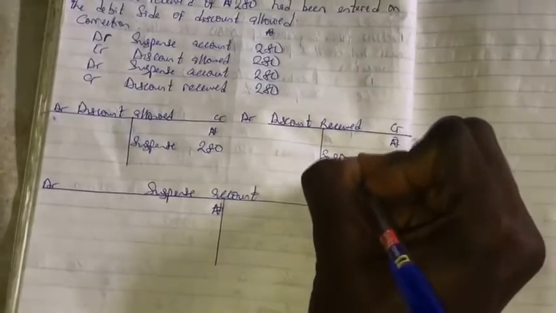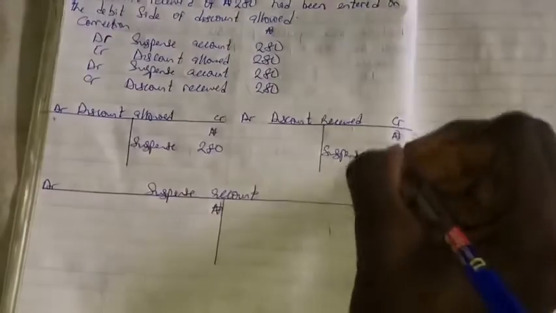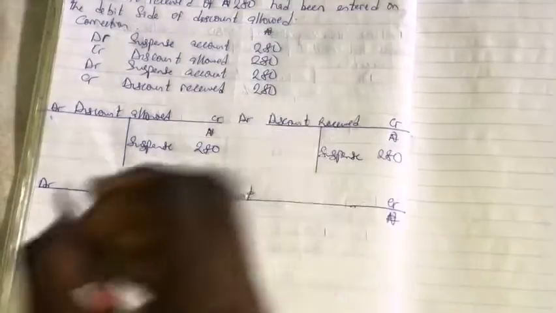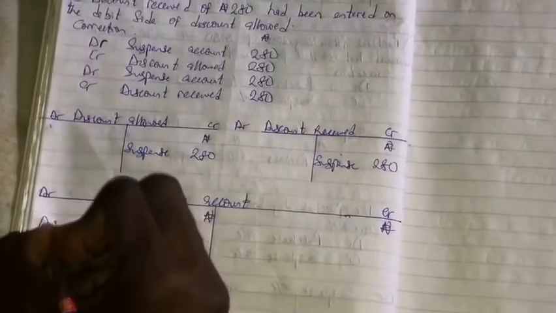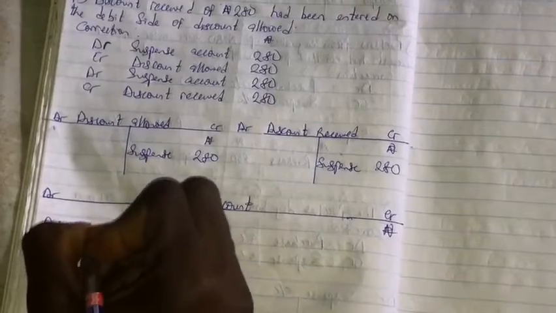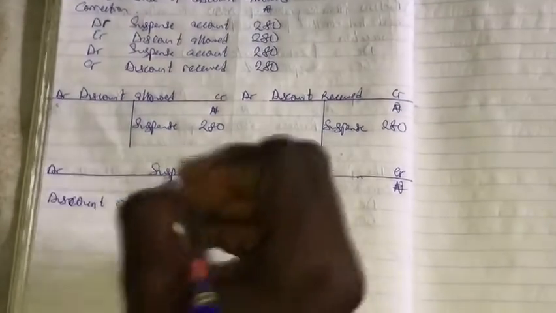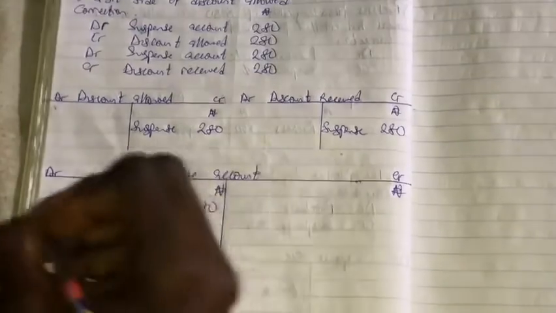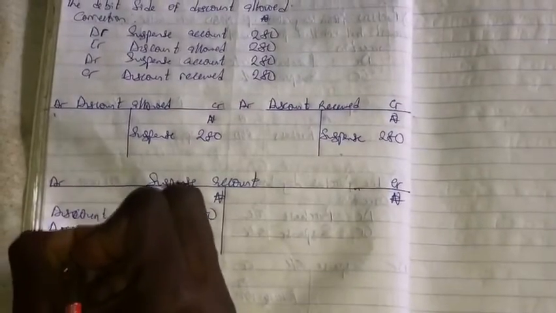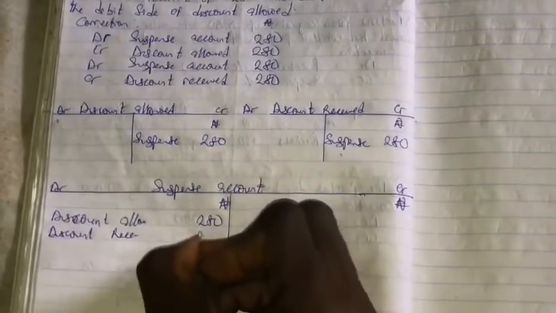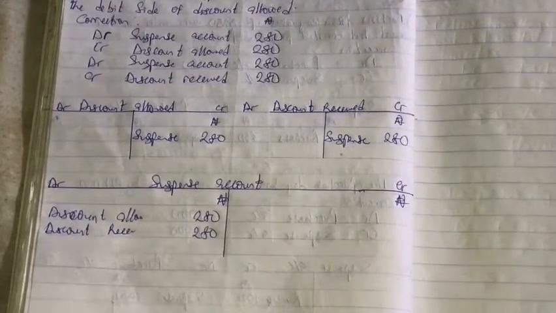Suspense, on the credit side. 280. Then for your accessories account, we're having 2 accounts, which is discount allowed and discount received. So that's all.